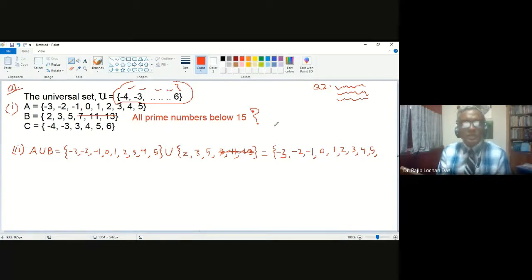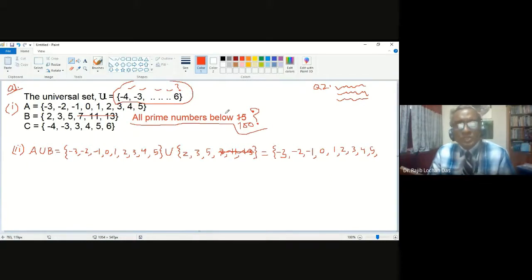And the set B question is also all right. Even if I write below 100, that will also be all right, because whatever you write here is your condition, and you have to follow the universal set boundary.